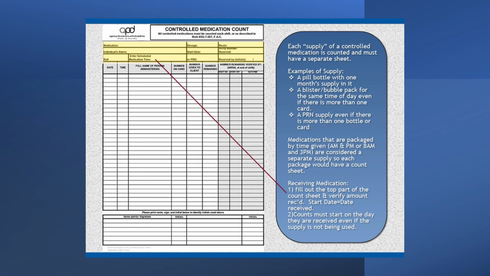Generally, they will put an alert sticker that says morning, noon, evening, if it's a different card for a different administration time. If it's one supply and more than one card, you usually will see a sticker at the top of the card that says 1 of 2 and 2 of 2. The bottom line, pay attention and be sure that you have set up your count sheet to accurately reflect your supply.